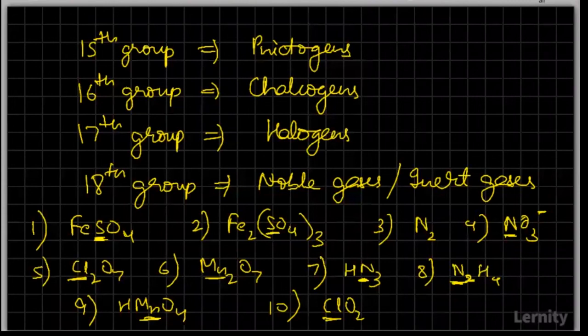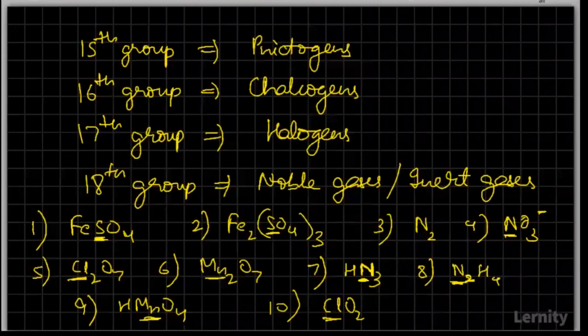Yeah, welcome. If you want me to show some specific slide, I'll just show you. Okay, fifth one is Cl2O7. Yeah, it's correct. It's not NH3, it's HN3. This is known as hydrazoic acid.